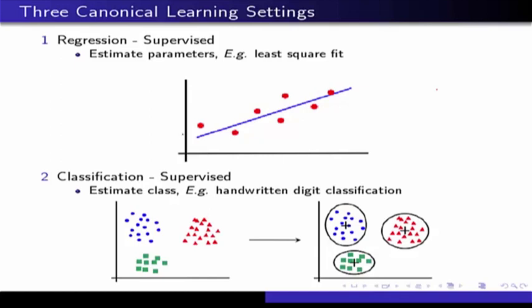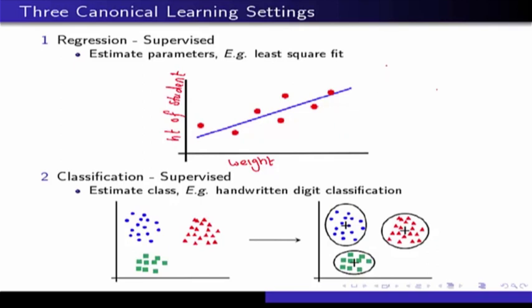For example, you might be interested in predicting the height of a student as a function of his weight or vice versa. You might also want to estimate an unobserved variable in terms of multiple observations.